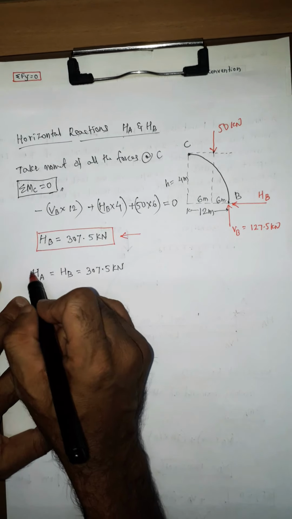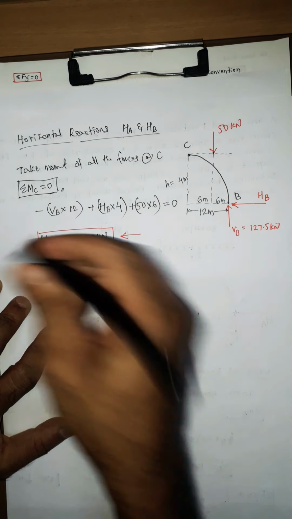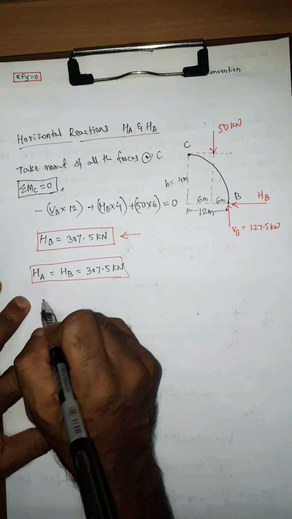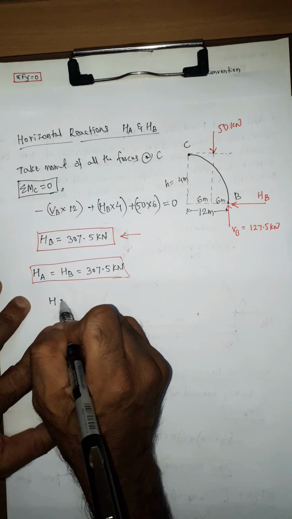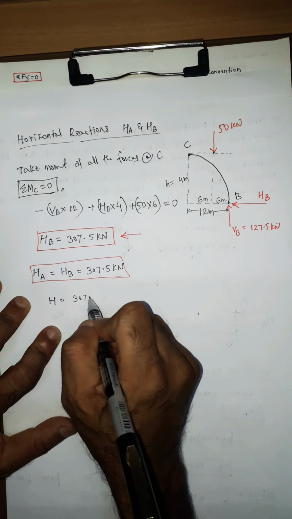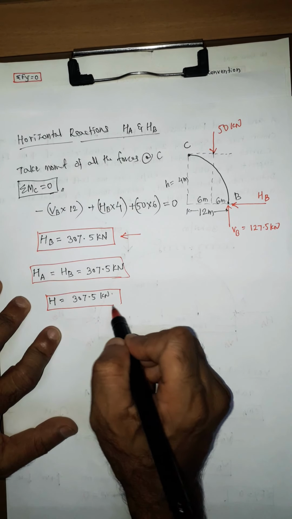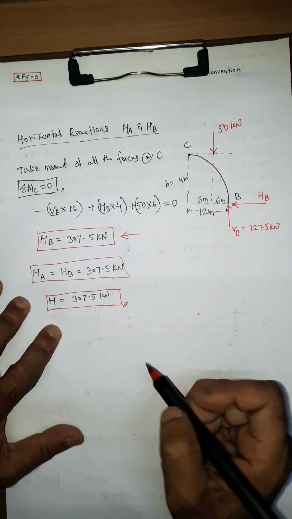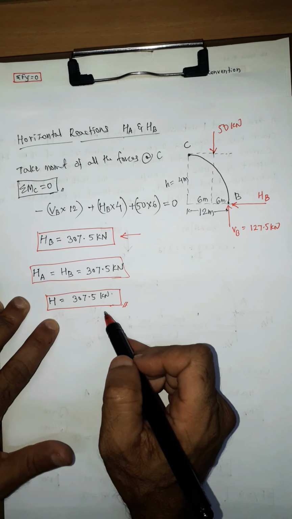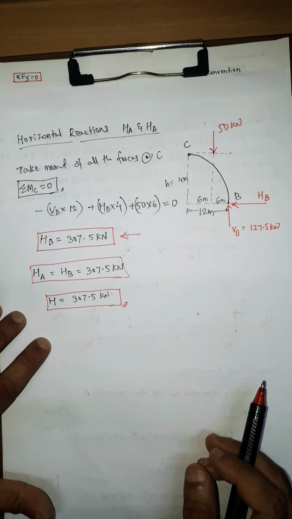Or you can write totally HA is equal to HB is equal to H, that is 307.5 kilonewton.